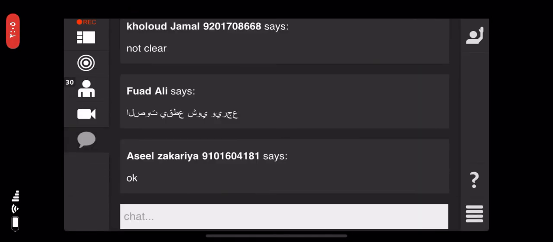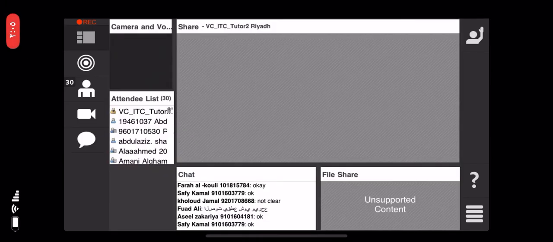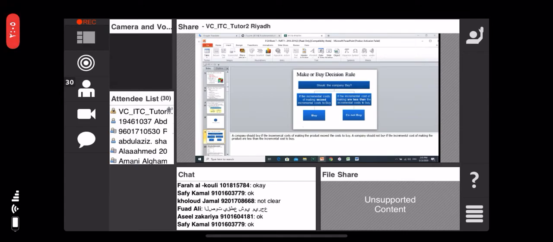So for the make or pay decision rule, how will you make your decision? You will make your decision by comparing two costs.